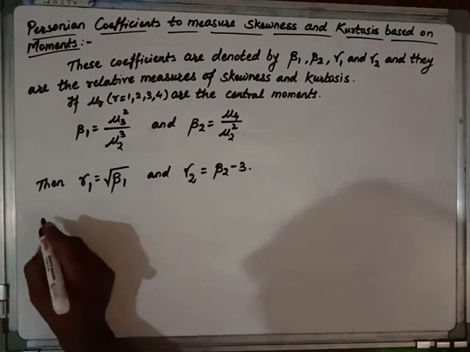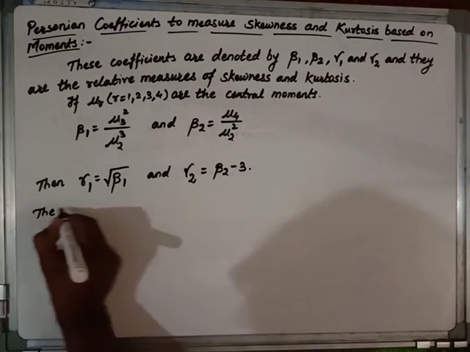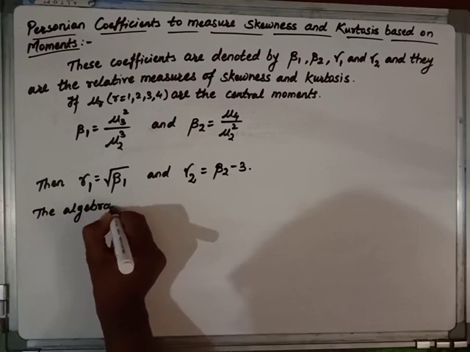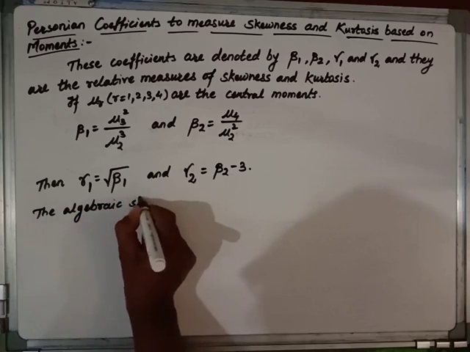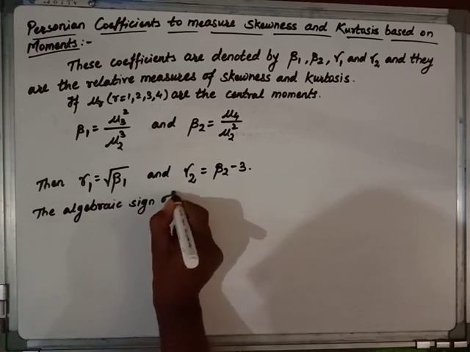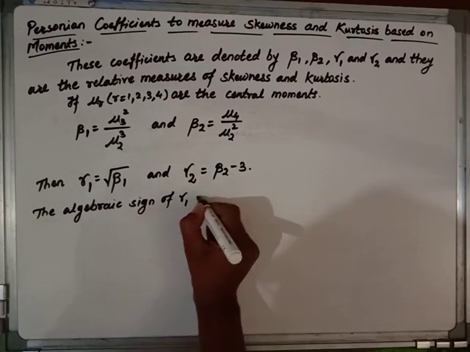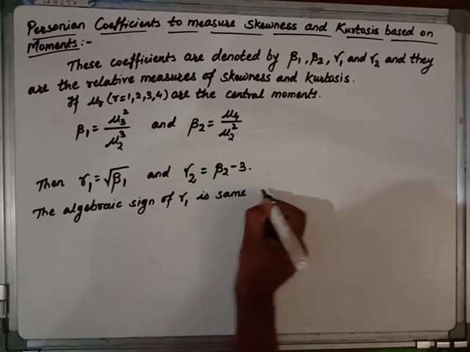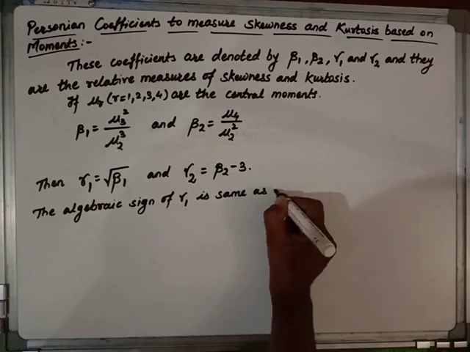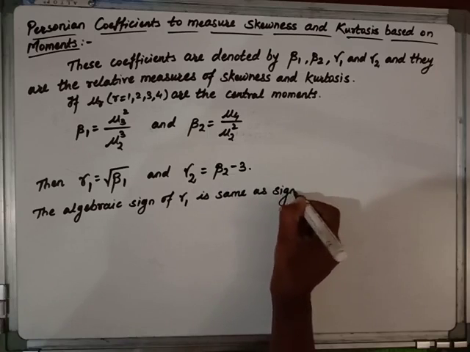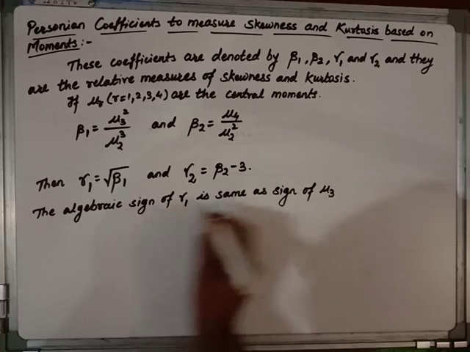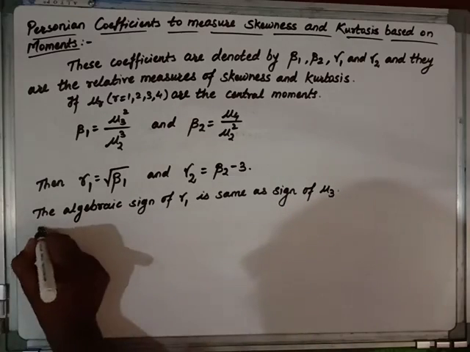Now the algebraic sign of gamma 1 is the same as the sign of mu 3.